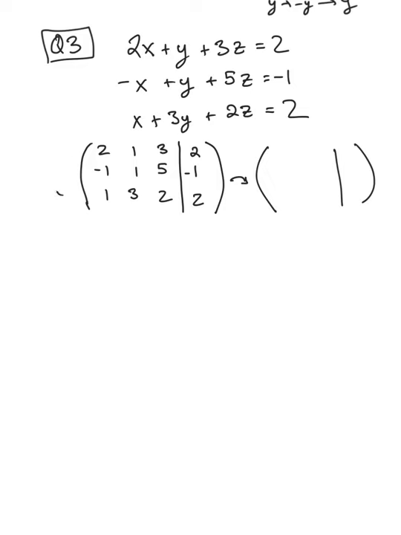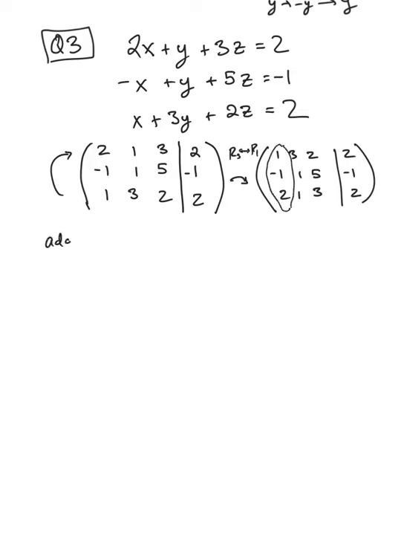I'm going to bring this row up, so row 3 switches with row 1. So we get 1, 3, 2, 2; negative 1, 1, 5, negative 1; and 2, 1, 3, and 2. This is just to make canceling this column easier.